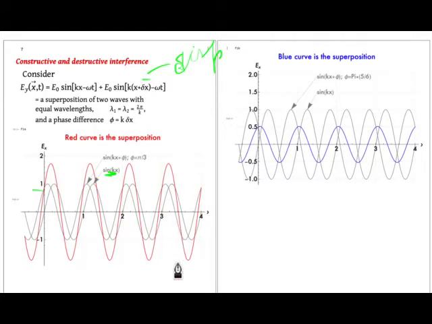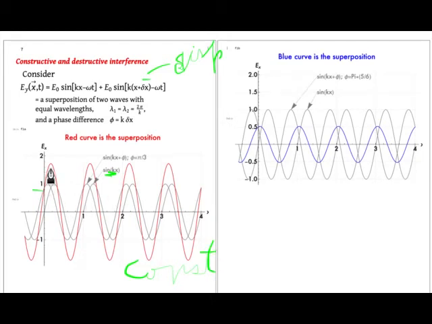Well, you see, it has the same frequency. It has a phase shift which is halfway between 0 and phi. And it has a larger amplitude. That's called constructive interference. The two waves interfere constructively, producing a wave with a larger amplitude.